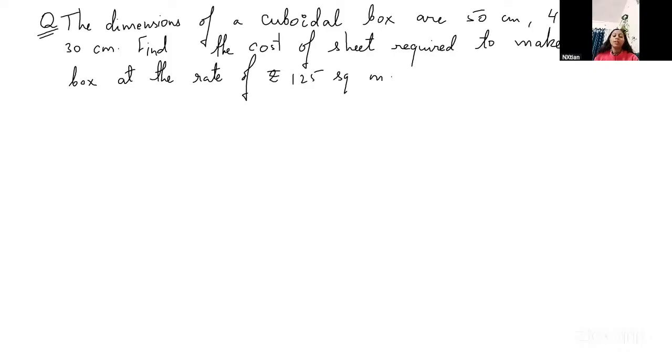Okay. Now see, we had a cuboidal box with length 50, breadth 40, height 30.